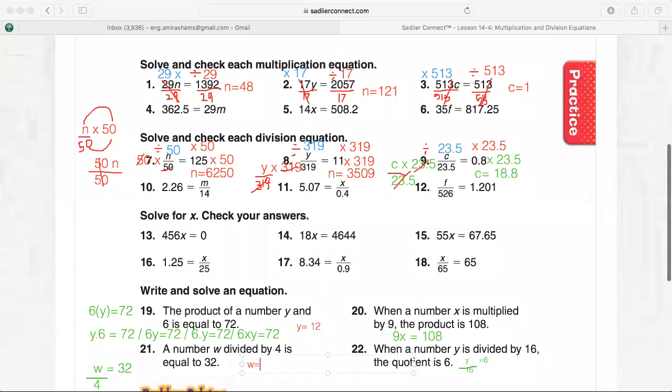When I multiply by 4 on the left side, it will cancel the 4 in the denominator, and W will be isolated alone. And then on the right side, 32 will be multiplied by 4, so it is equal to 128.